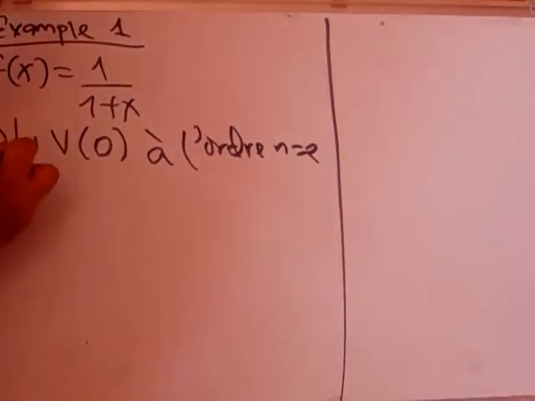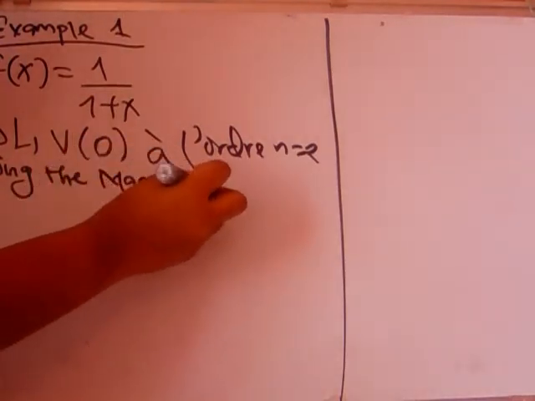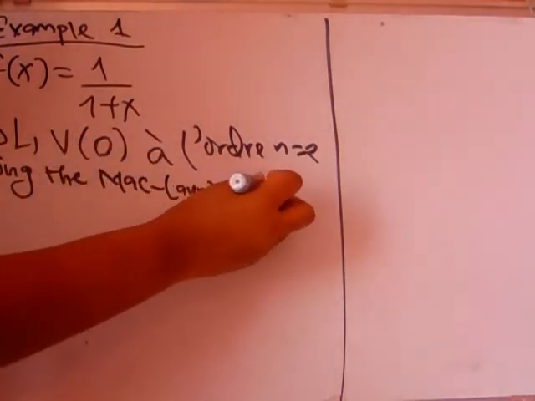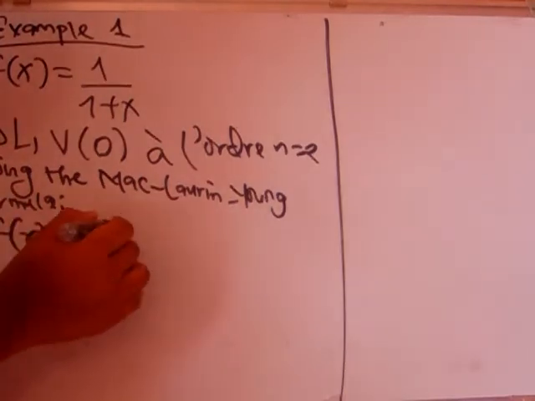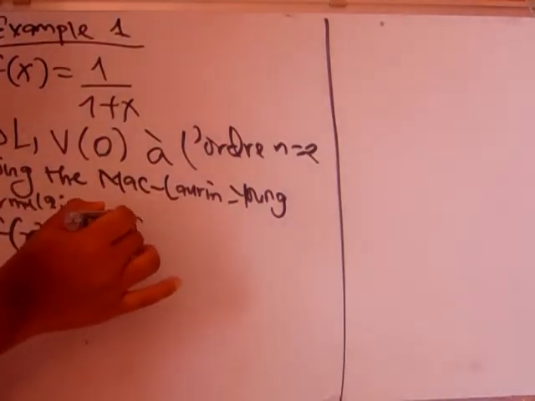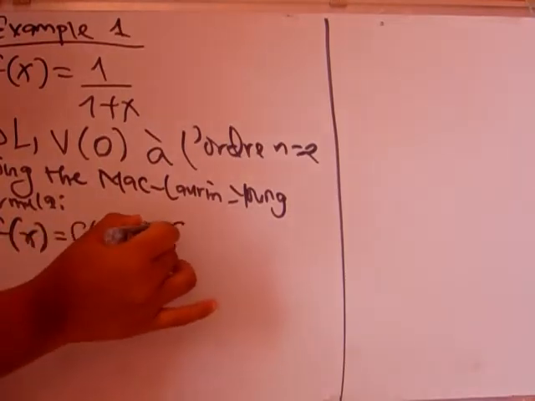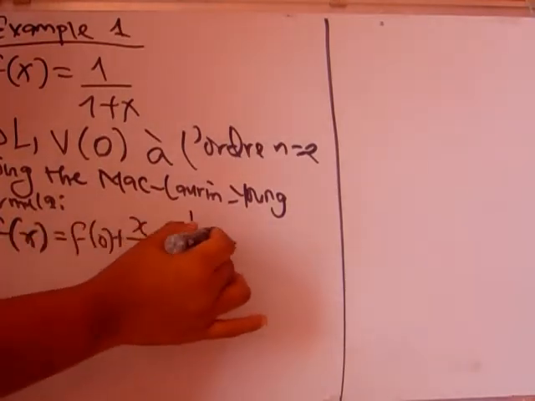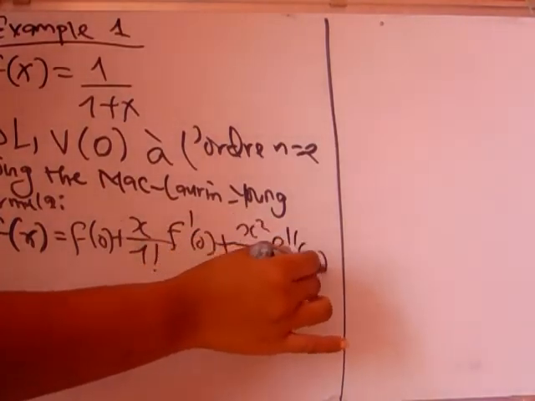So using the Mac-Laurin-Young formula, f of x is equal to f of 0 plus x over 1 factorial f prime of 0 plus x squared over 2 factorial f double prime of 0.